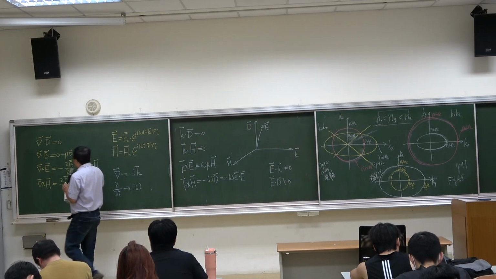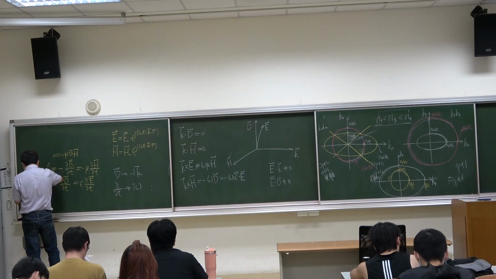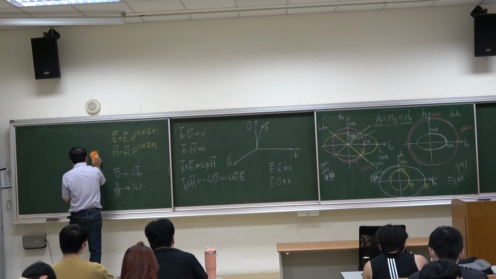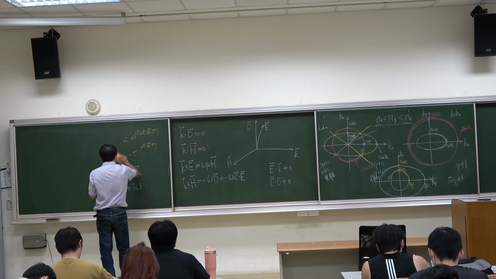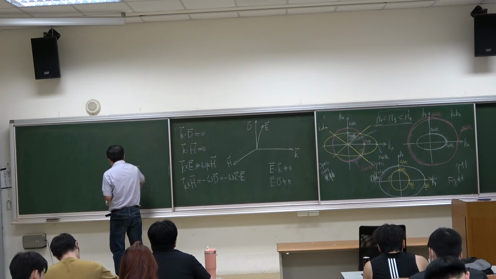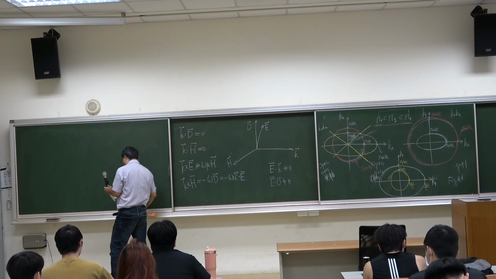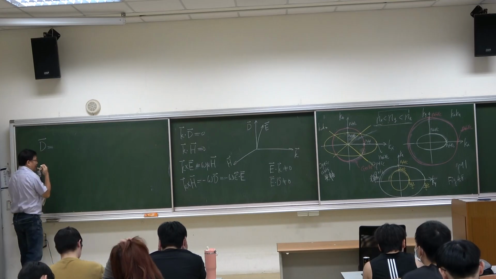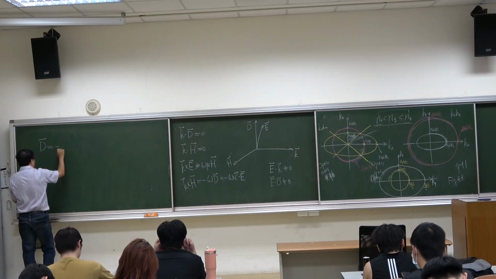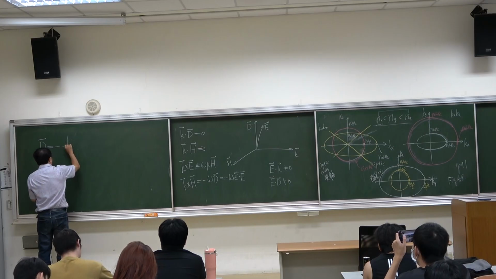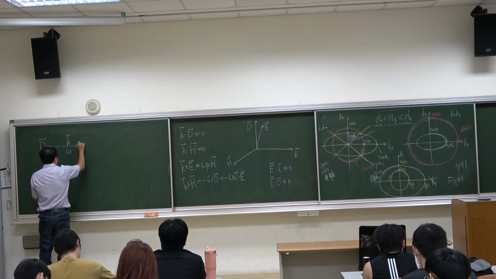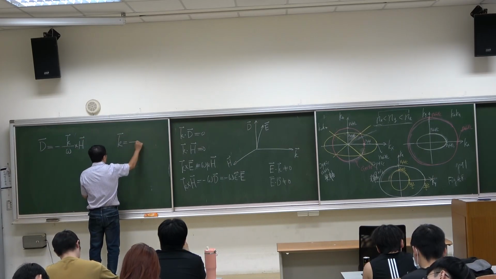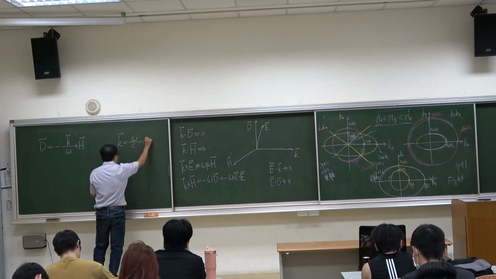Okay. So what is the expression of the D vector? According to this result, D vector can be written as minus k over omega cross H. However, we know that k is equal to omega over c times n times s.